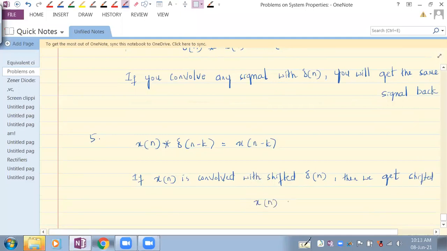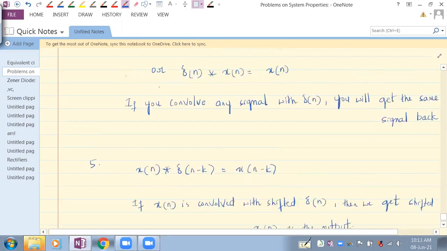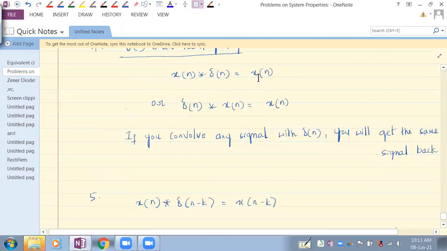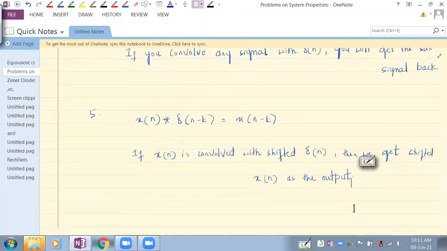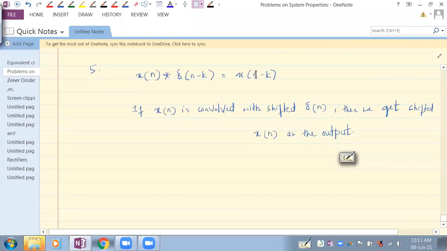If you convolve x of n with delta of n, you will get the same signal back. If you convolve x of n with delta of n minus k, then you will get the same signal but with the same shift as the delta of n has. Whatever shift you have in delta of n, the same shift you will have in the signal that we get as the output. So that is your fifth property.